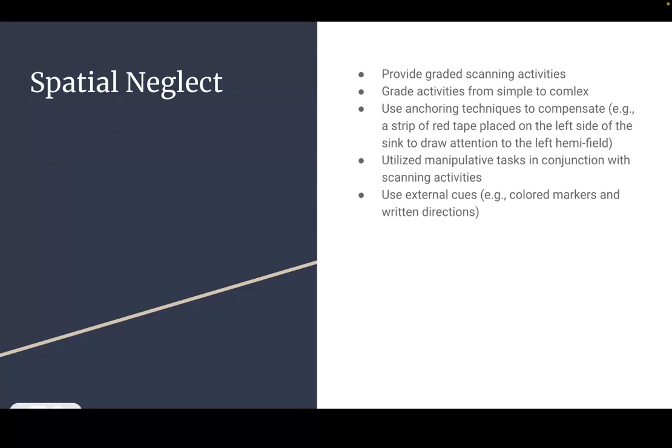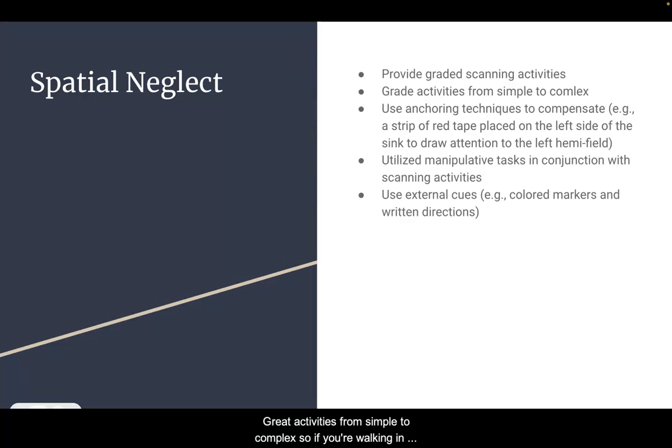Spatial neglect. Some strategies or interventions provide graded scanning activities, so increasing the complexity of scanning towards the spatially neglected environment. Grade activities from simple to complex.